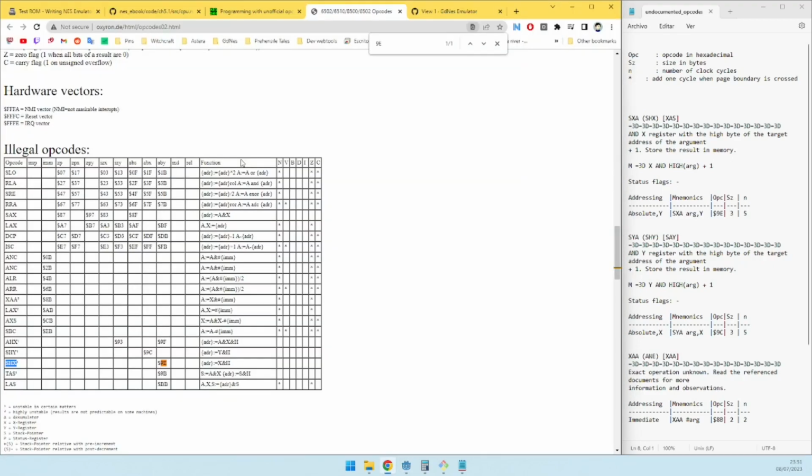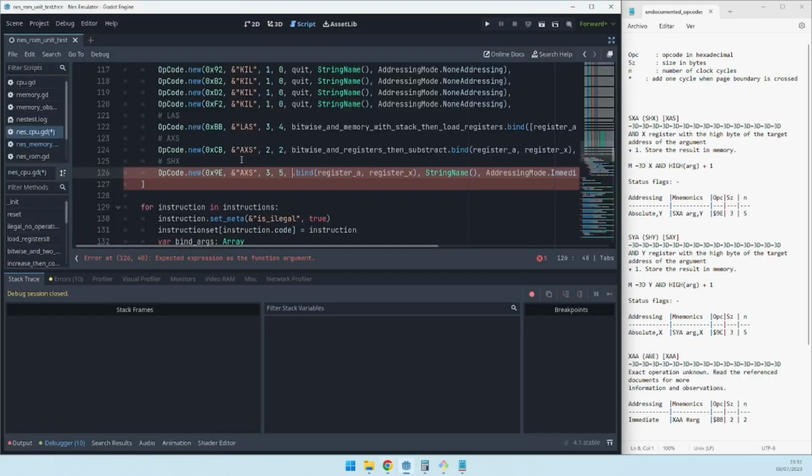How do we describe this? How do we name this function? High byte.